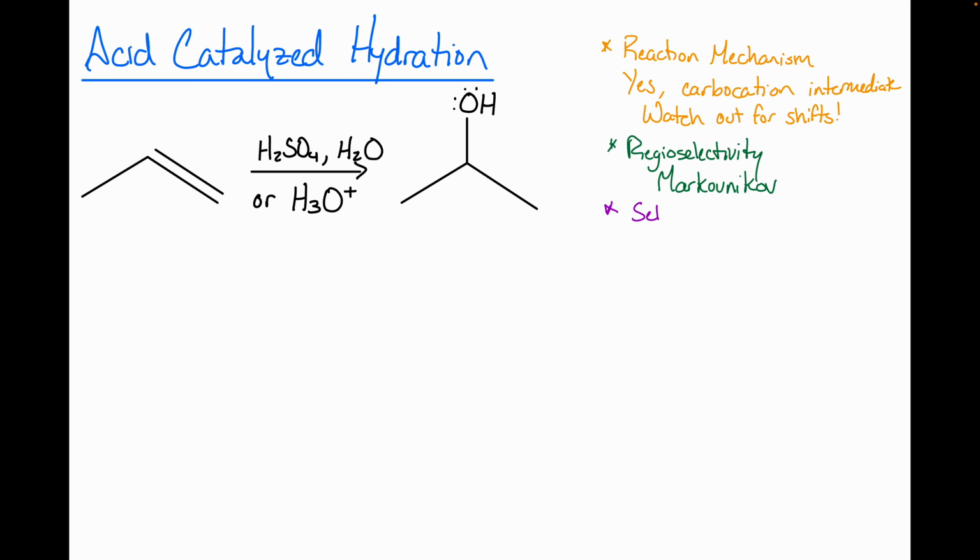All right, but fortunately, we do not have any stereoselectivity. We'll always get a racemic mixture, so we don't have to worry about dashes and wedges with this particular reaction.